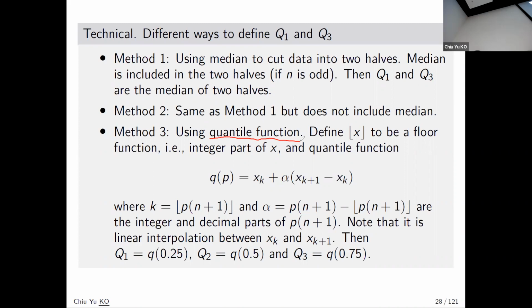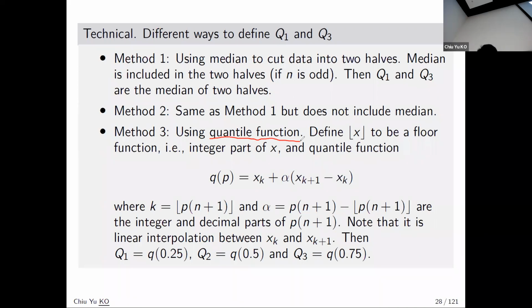These are the formulas here. And the question here is, if this is an integer, it's not a problem, right? What happens if this is in decimal places, and what are we going to do?